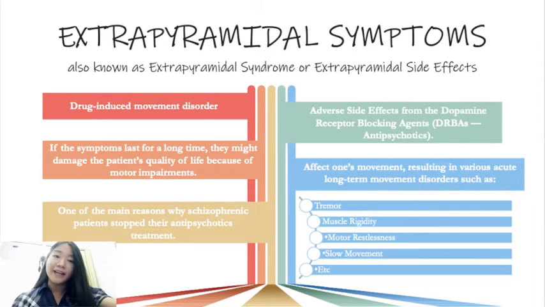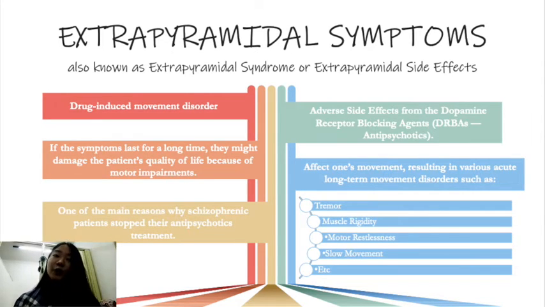Today I will tell you about the general information of extrapyramidal syndrome. Extrapyramidal syndrome, also known as extrapyramidal symptoms or extrapyramidal side effects, is a series of serious adverse side effects which affect movement. These side effects could occur when antipsychotics, dopamine receptor blocking agents or DRBAs, are being processed in the body.